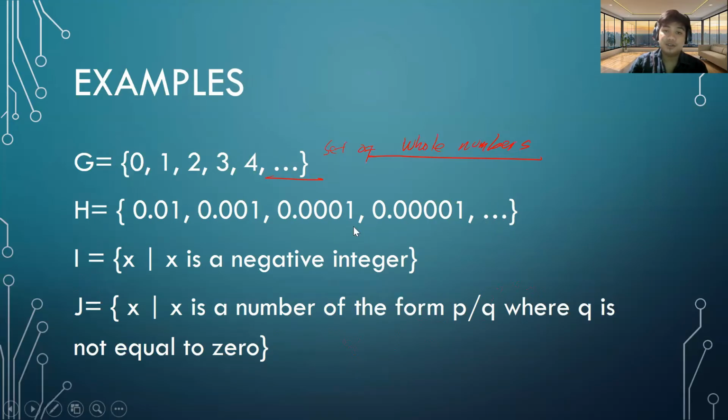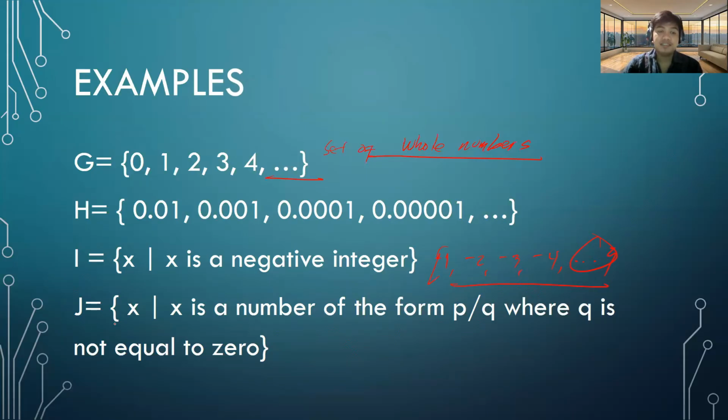So we have here set I, x such that x is a negative integer. So we know this is a negative integer. It will start with -1, -2, -3, -4, and so on. If you're going to rewrite that, that's how it looks, with our ellipsis there. So, basically, it is an infinite set because it just continues and we cannot identify the last member.